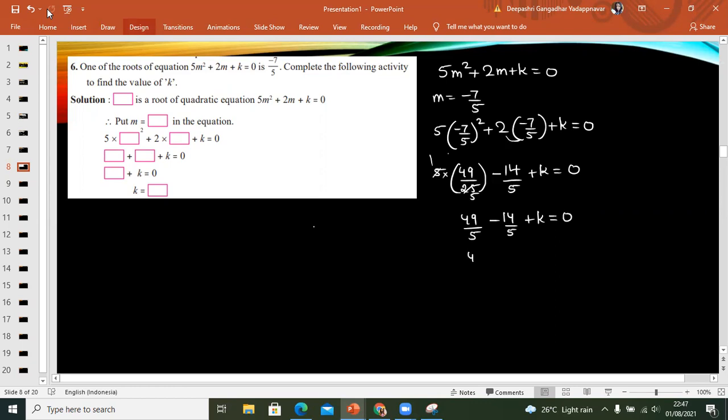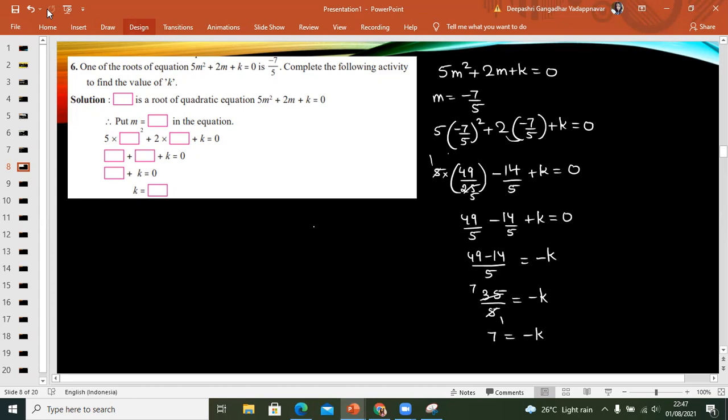Since this is divided by 5, the denominator is same. What I can do here is directly take 49 minus 14 divided by 5 and bring this positive k on the other side, it will become negative k. 49 minus 14 is 35. 35 divided by 5 equals negative k. 5 times 7 is 35. 7 equals negative k.